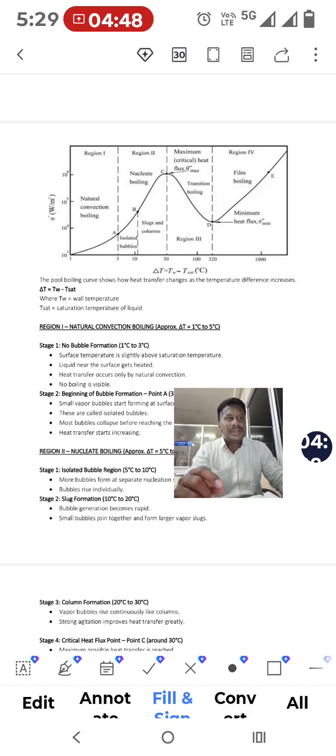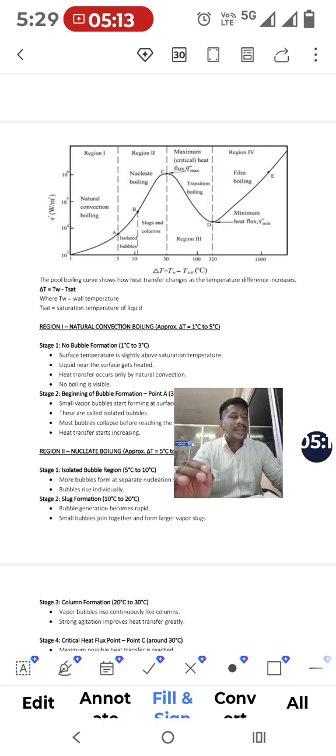At the end of this region, the heat flux may go down to about 10 to the power of 4 watts per meter square, while the temperature difference increases up to 320 degrees Celsius. With further heating, the change in temperature delta T increases, and the heat flux in watts per meter square also increases.